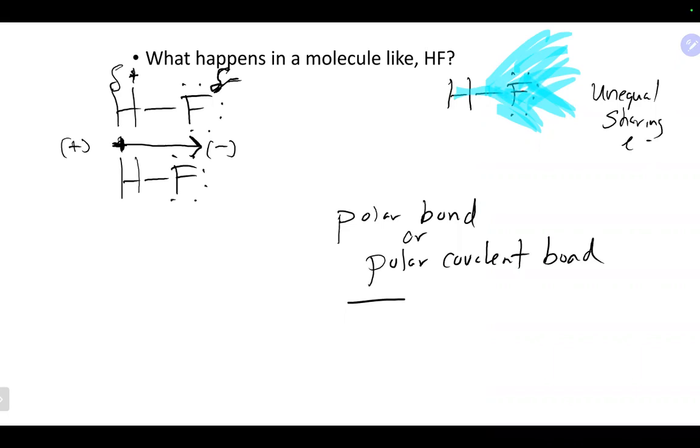Why is it only a partially positive charge and a partially negative charge? Why is it not like a full positive charge and a full negative charge? In this case, they are still sharing. So it may be unequal sharing, but there's some aspect of sharing where it's just like barely hanging on maybe, but it's still hanging on.